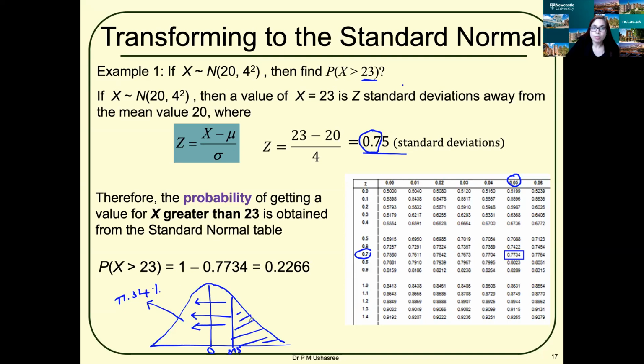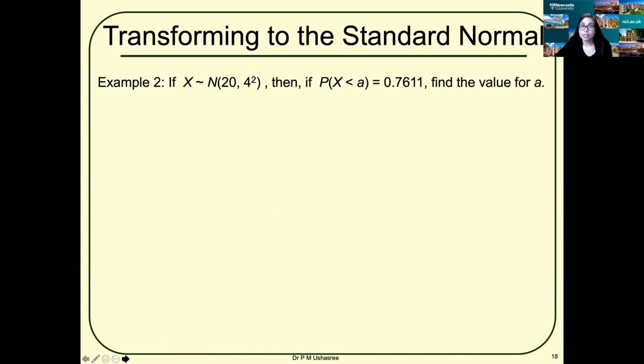So what is this probability? 100 minus 77.34%, which is nothing but 22.66%. Okay, so this is how you find it. So the best way to solve a problem like this is to draw the distribution and then calculate it. Yeah.